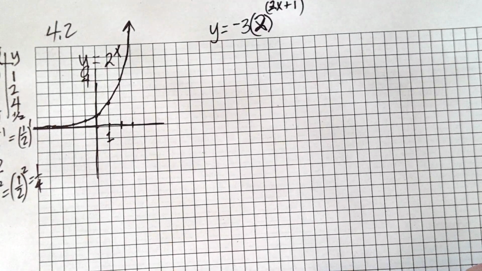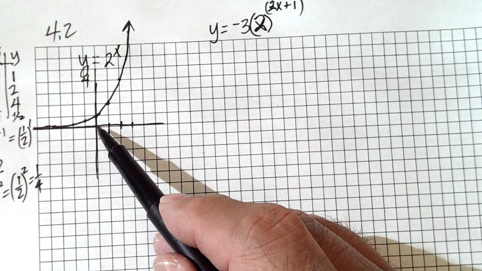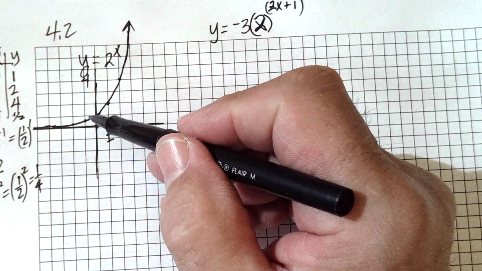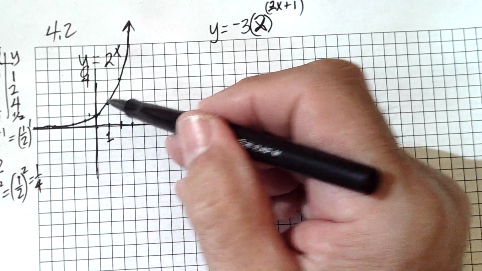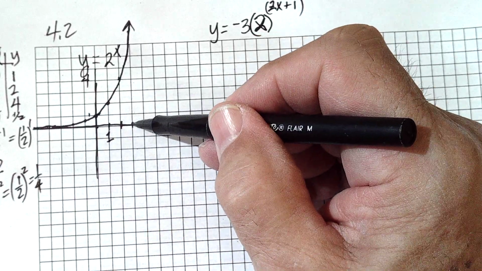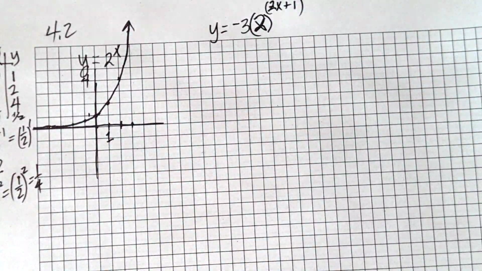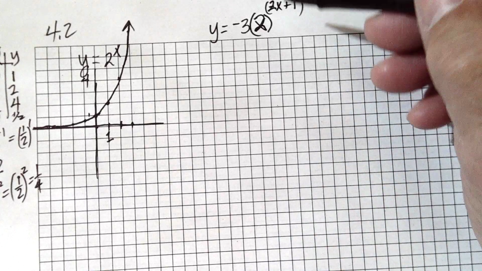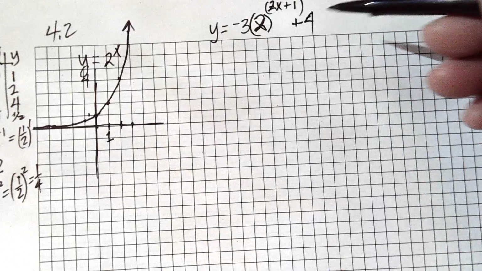So my parent function is y equals 2 to the x, which I have, remembering that it's at (0, 1), (1, 2), (2, 4), (3, 8), and 1/2, 1/4 and 1/8. I'm going to put plus 4 out here.